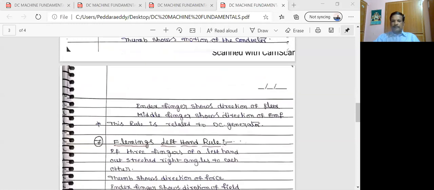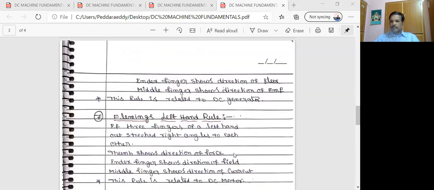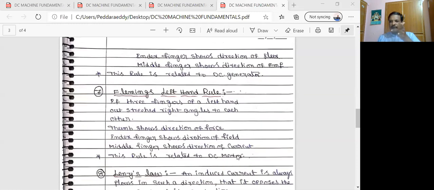Okay, and Fleming's left hand rule. Coming to Fleming's left hand rule, if three fingers of the left hand are outstretched at right angles to each other, the thumb shows the direction of force. See, here it is the same. This is the middle finger, this is the index finger, and this is the thumb. These three are at right angles to each other.